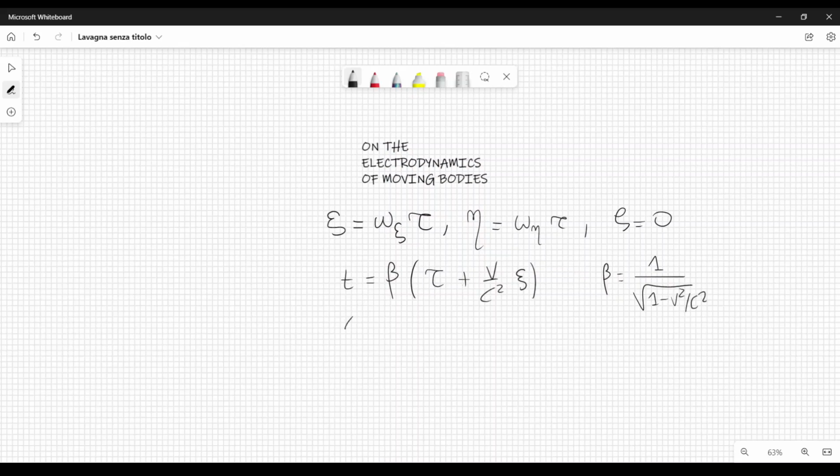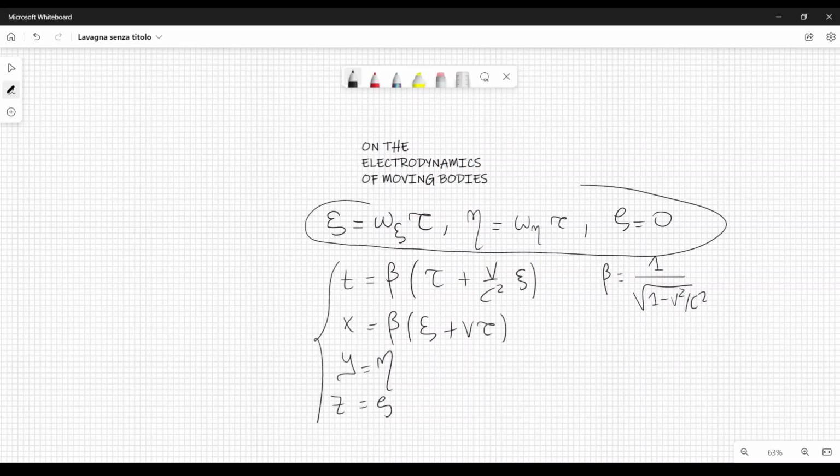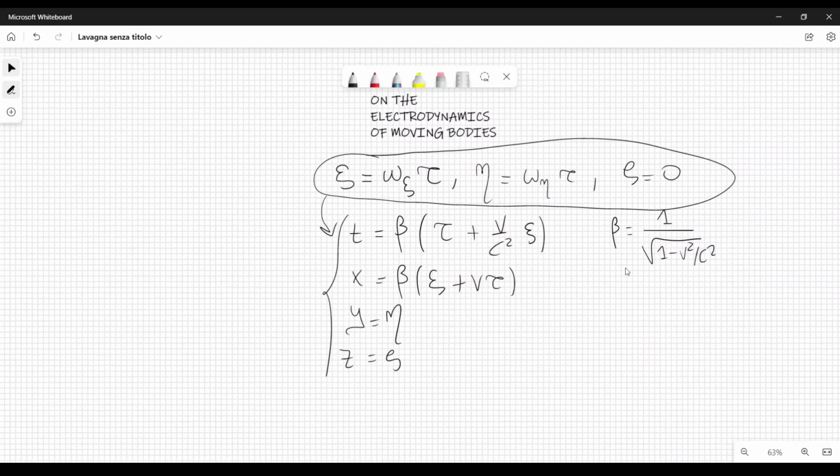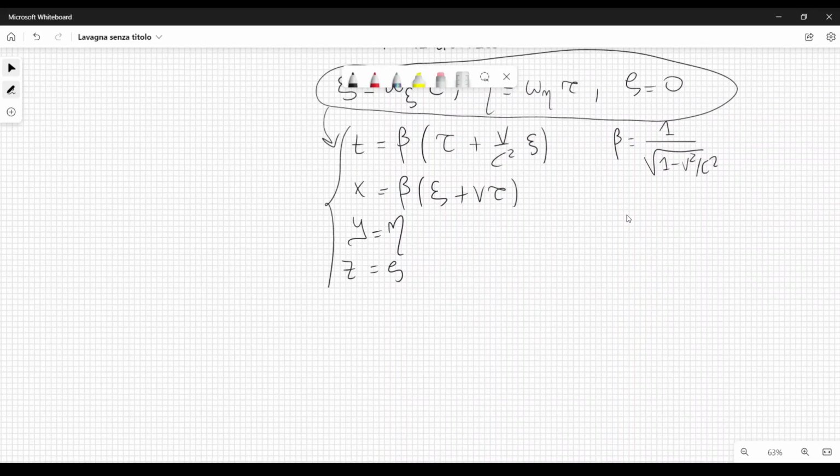Then we have x equal to beta times xi plus v tau. Then we have y equal to eta, and then we have z equal to zeta. And we simply have to substitute these expressions here into these equations in order to find how the point is moving with respect to the system uppercase K.